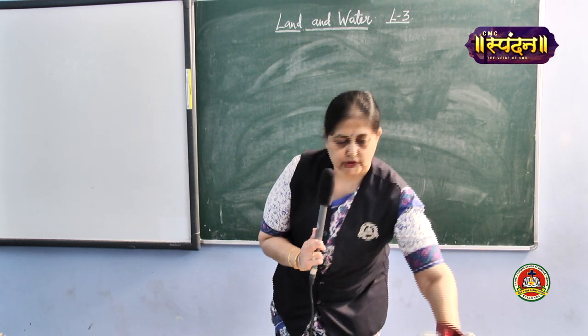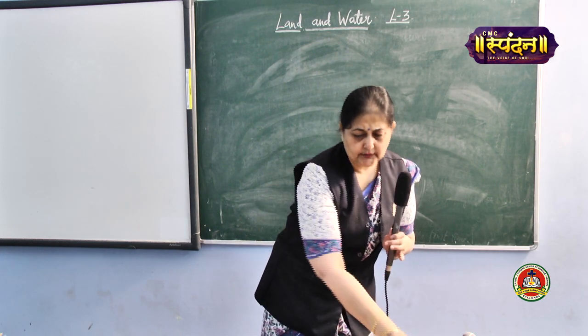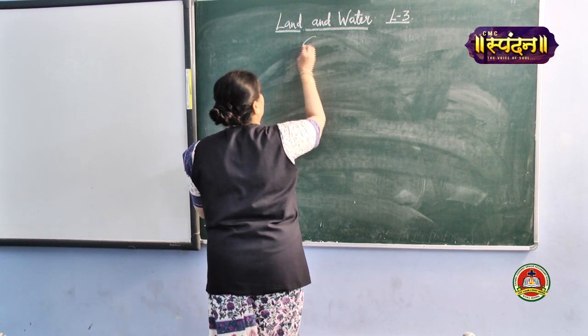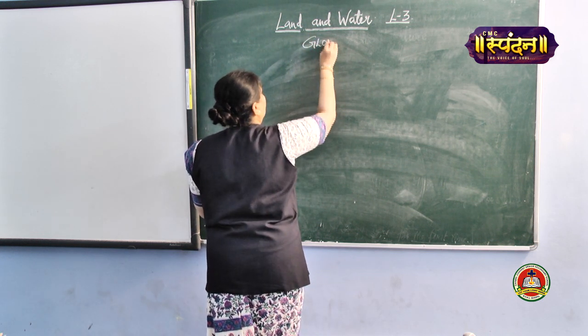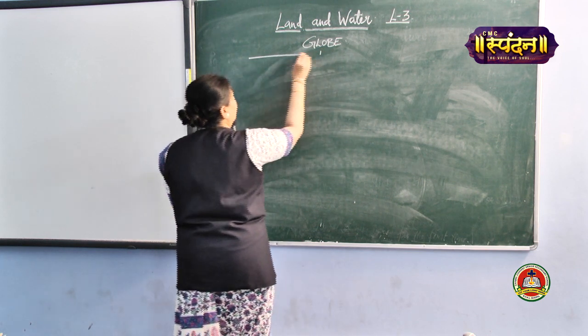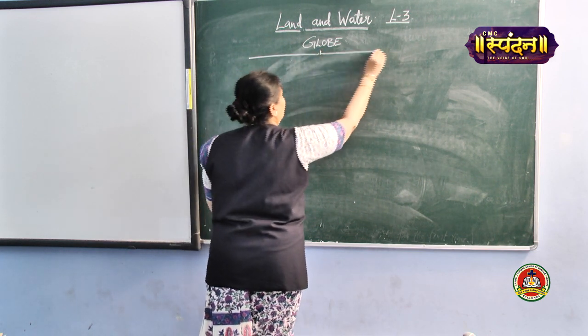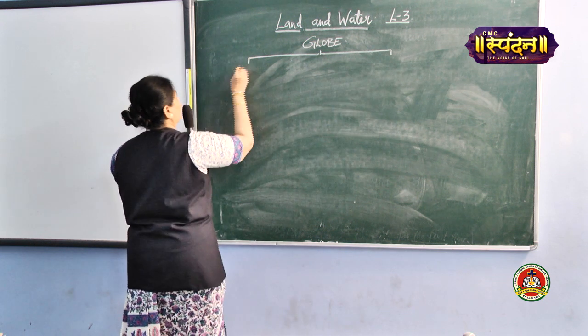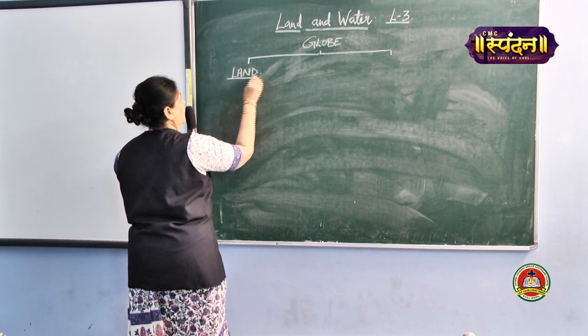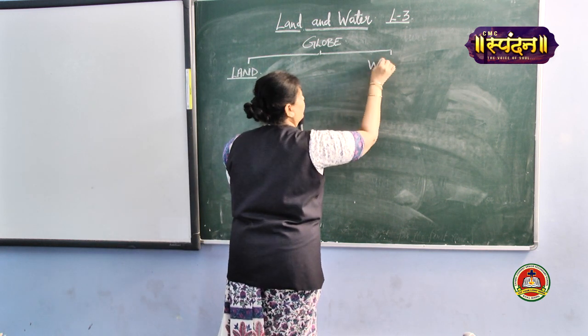Okay? Now children, we will make a flow chart for better understanding. See, on a globe, you can see 2 features. Okay? You can see land and you can see water. Yes?